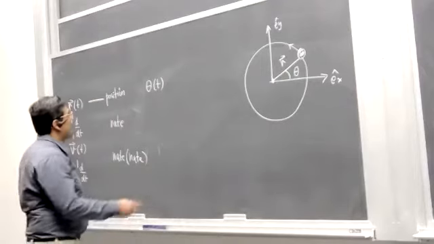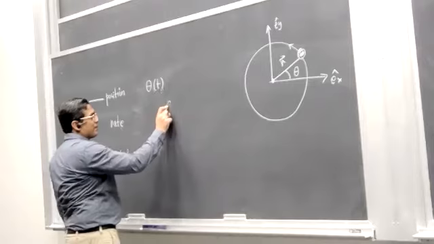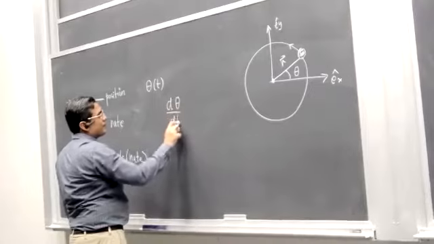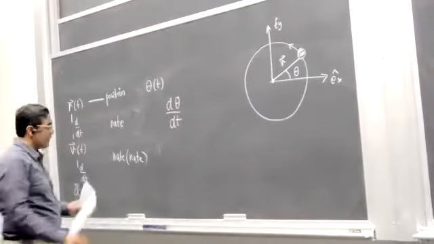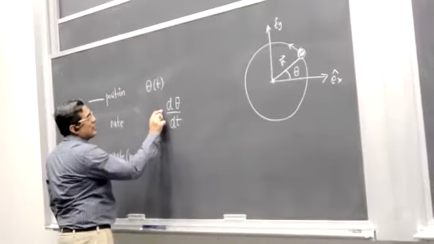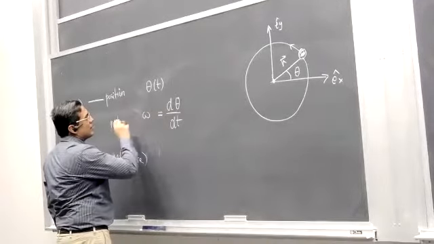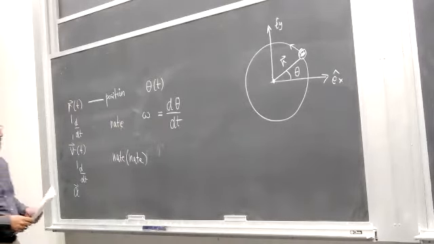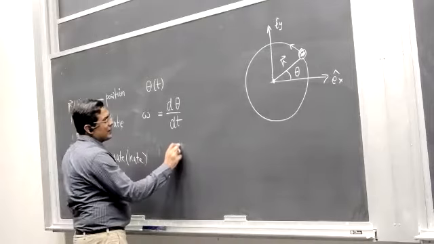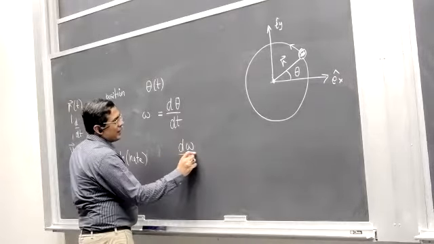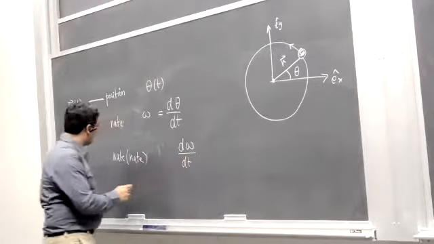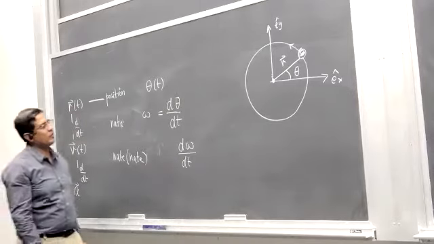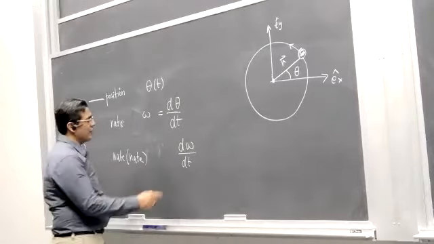Now, if you calculate the time rate of change of theta, that would be your rotational or angular velocity, and it's denoted as omega. And then if you take the time rate of change of omega, exactly like we did with position, velocity, and acceleration, they are related to each other through differentiation, but also through integration.